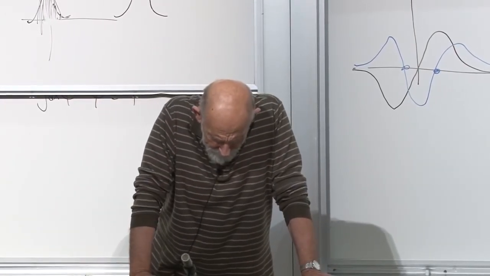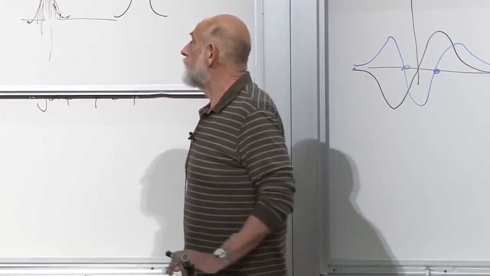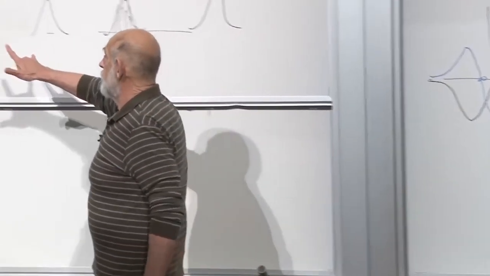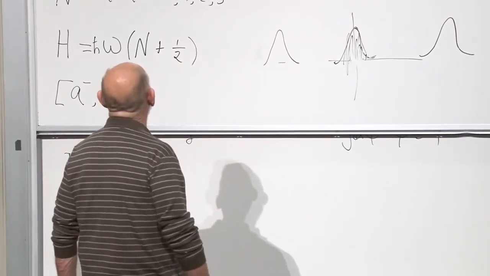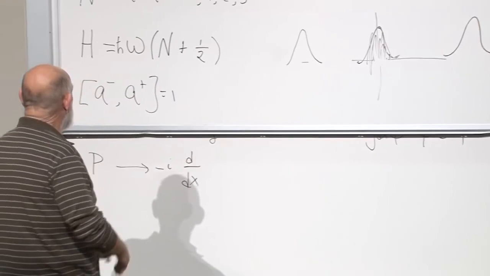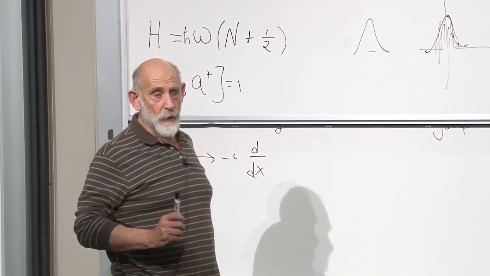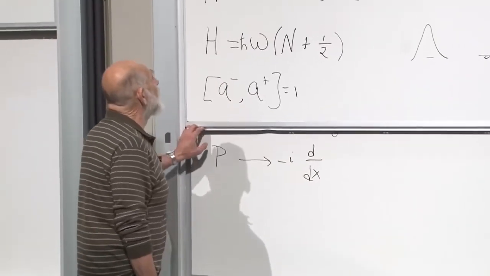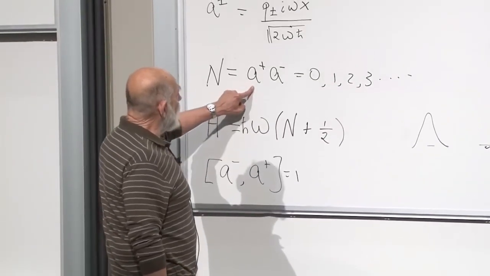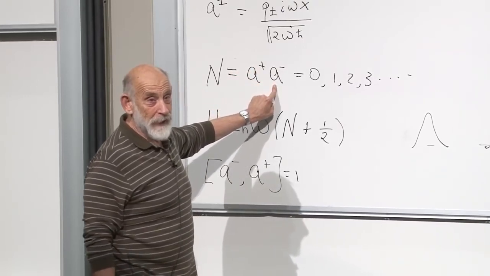Question. In the Hamiltonian you wrote originally, the upper left, there already implicitly contained the normalizability of it. I'll tell you where it's assumed. You want to know where in this it was assumed? It's assumed in the fact that A plus and A minus are Hermitian conjugates of each other.